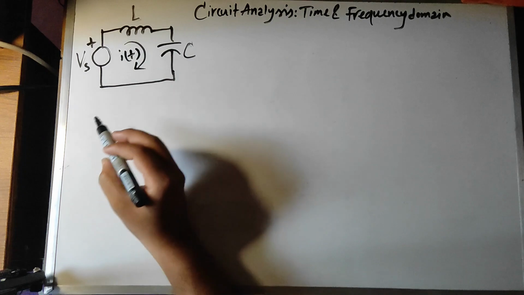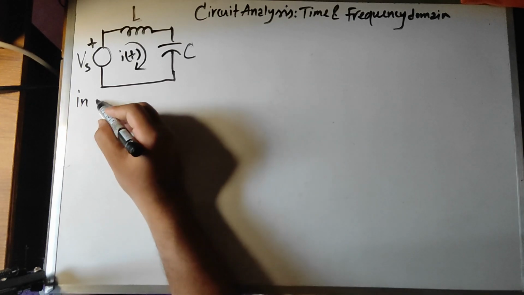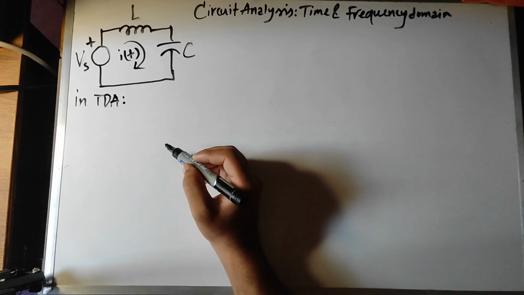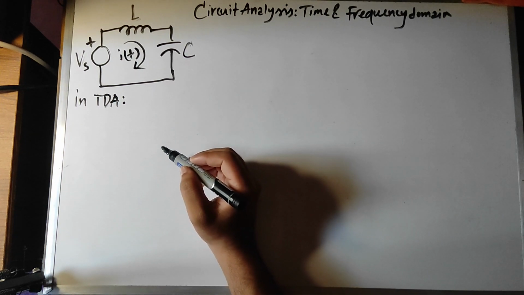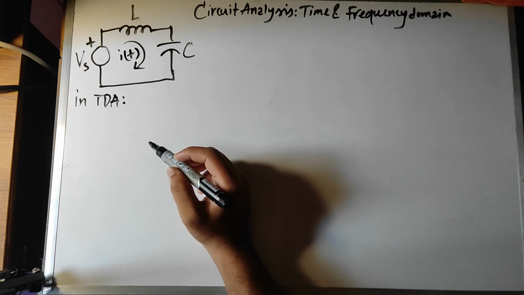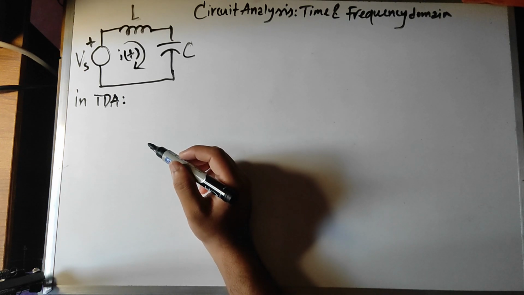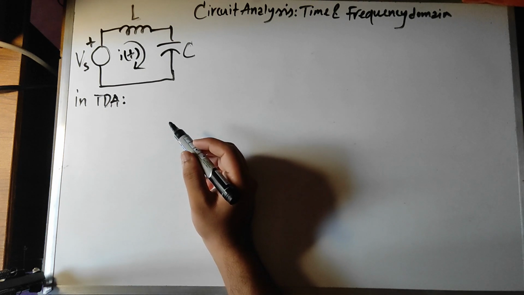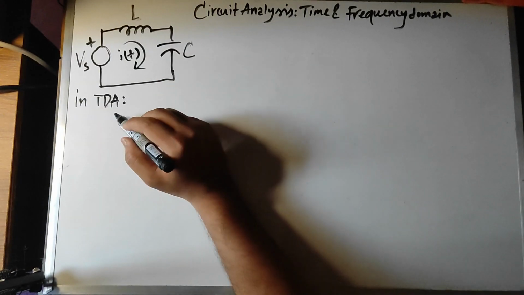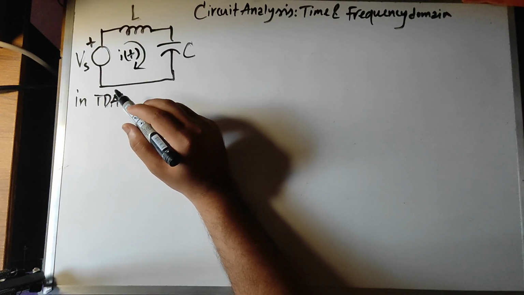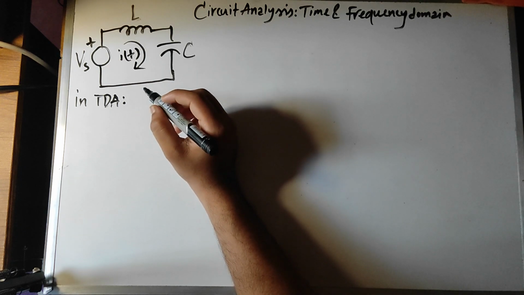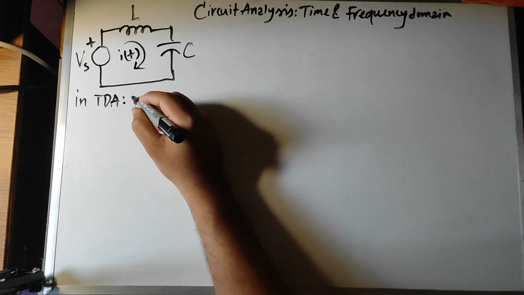So in time domain analysis, every single variable will be a function of time. That's the analysis in time domain. This is an LTI system. It will generate a linear differential equation with constant coefficients.